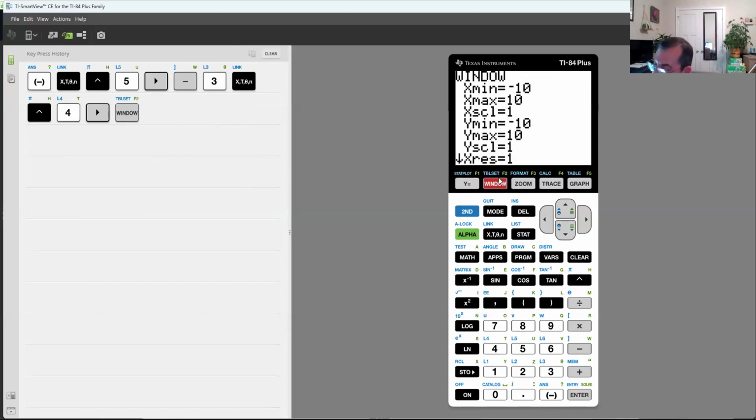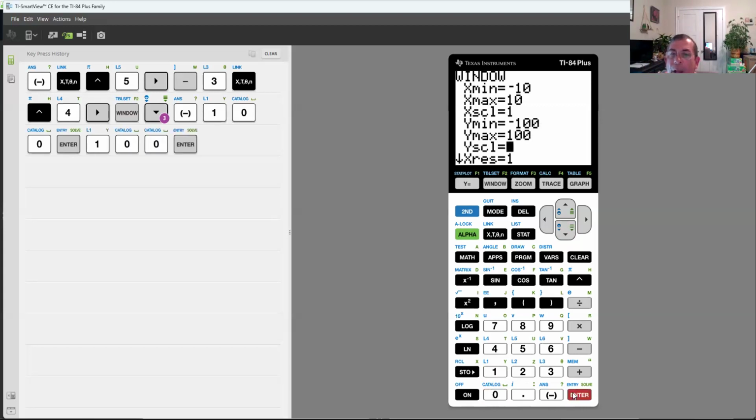So the x's went from negative 10 to 10, so I'm good on those. But my y values went from negative 100 to a positive 100. And it looked like they was going by 10 on that. So you can just sort of estimate what you think they're going by on that y-axis, okay? But they only had 10 marks, so I figured they was going 10, 20, 30, and so on.